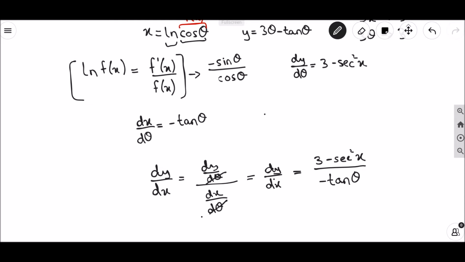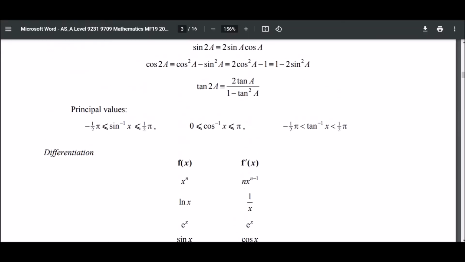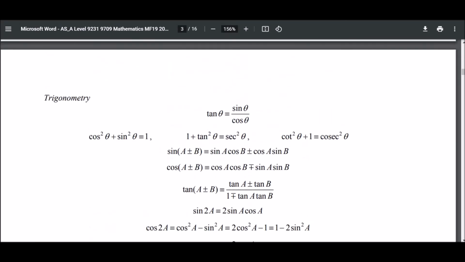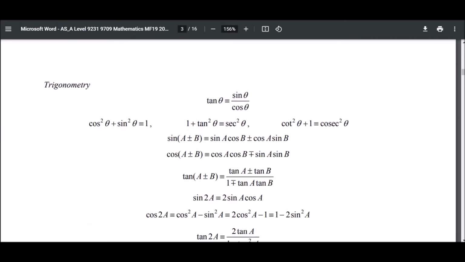Now, we will need to simplify minus secant squared x. So we will look at the formula sheet. Under trigonometry, we are given this property of secant squared theta: 1 plus tan squared theta is equal to secant squared theta.